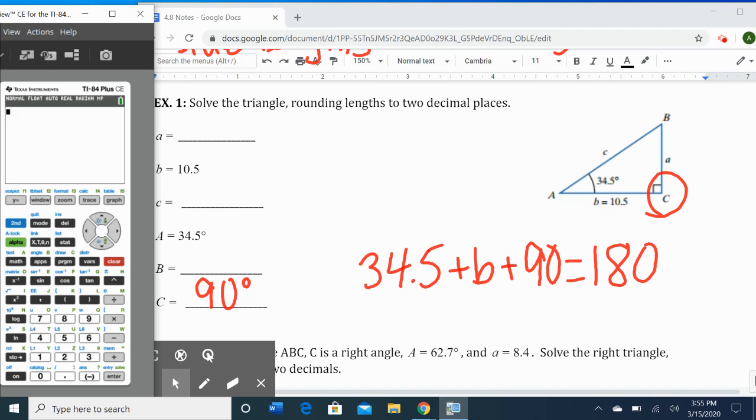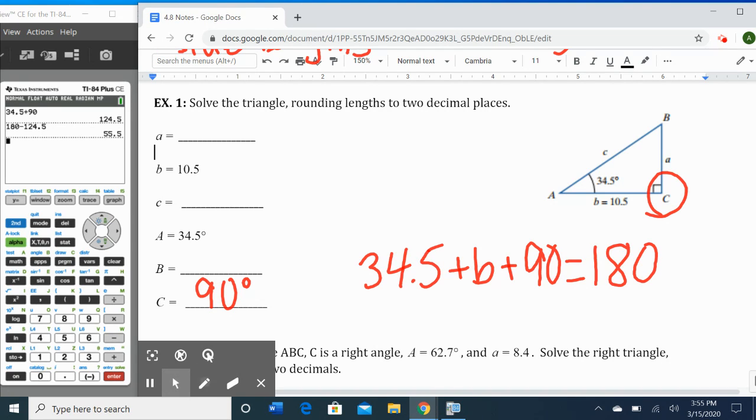So I can use my calculator and take 34.5 plus 90, get 124.5, and then I take 180 minus that to find that angle B has to be 55.5 degrees.